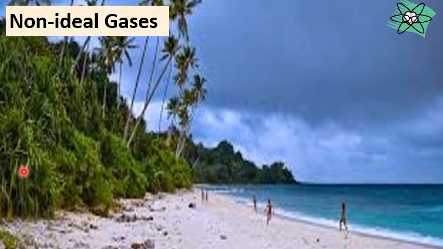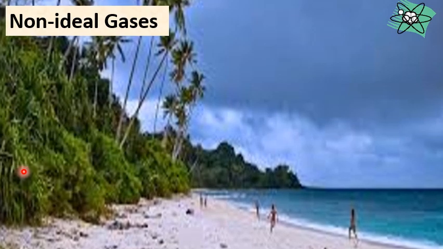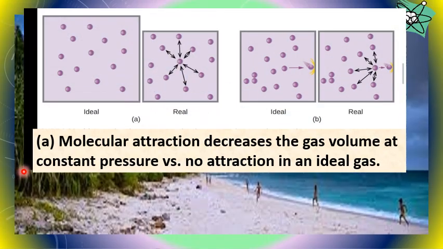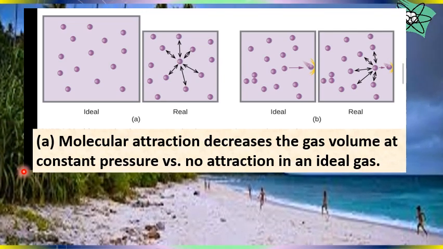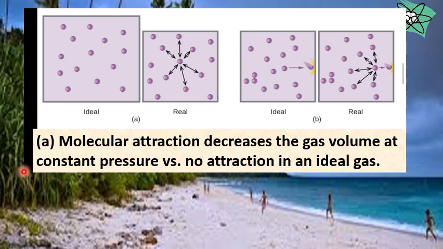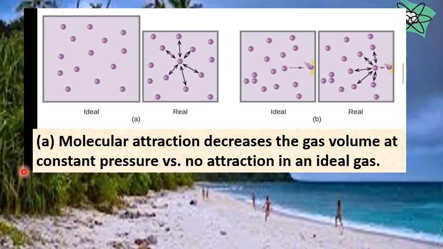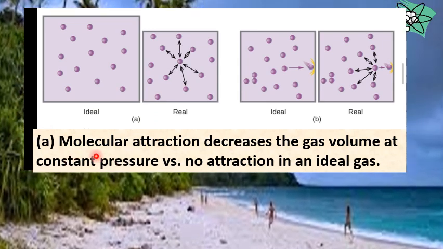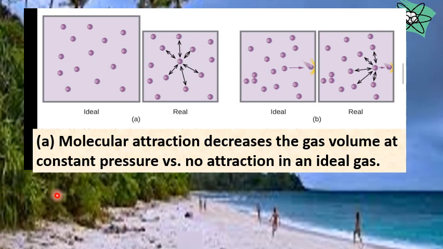Based on what we know about the ideal gas law, the molecules of a hypothetical ideal gas have no significant volume and they do not attract or repel each other. In general, real gases approximate this behavior at relatively low pressures and high temperatures, right?